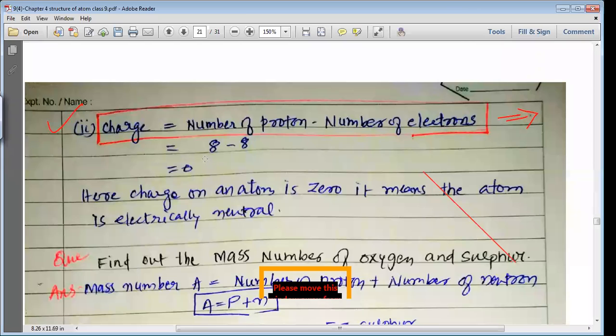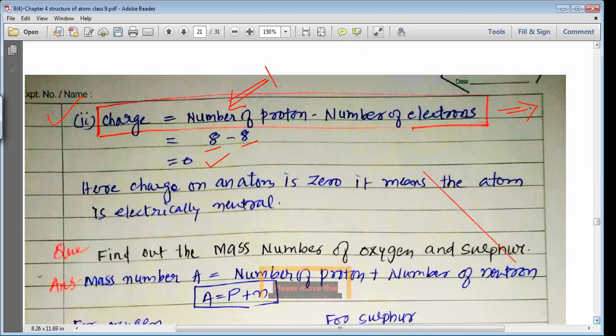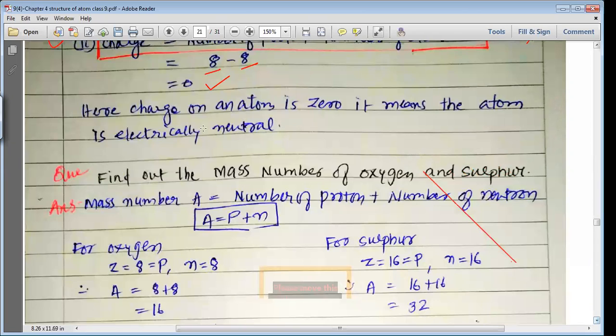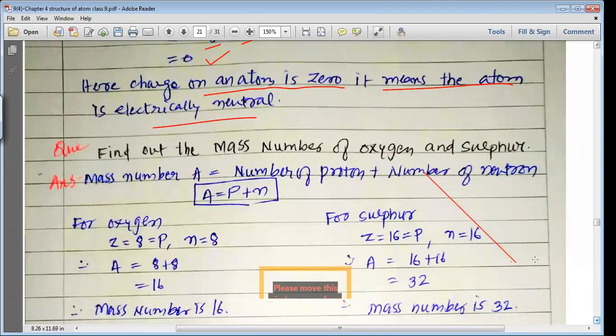Please remember this formula, my dear students. So here the number of protons is 8 and number of electrons is 8, and that is why the charge is 0. It means that the atom is electrically neutral.